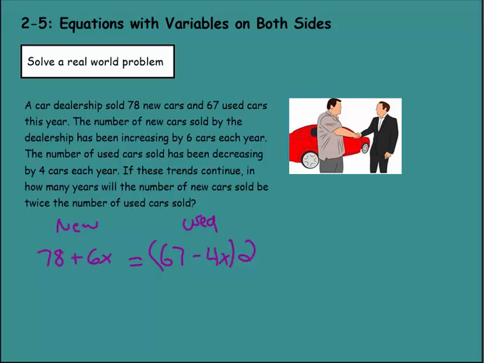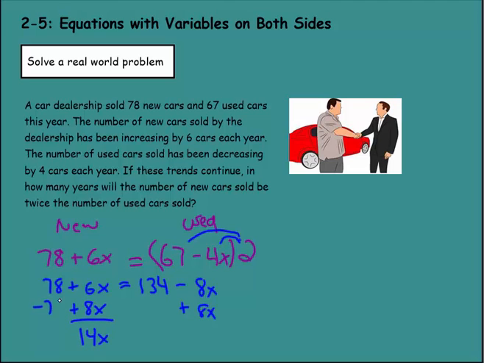So now we can actually solve this. We could distribute this 2 to both of these sides. So that still leaves us with 78 plus 6x over here, equaling 2 times 67 is 134, minus 2 times 4 is 8x. We can add the 8x to both sides. That gives us 14x.